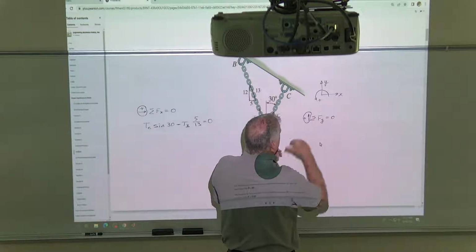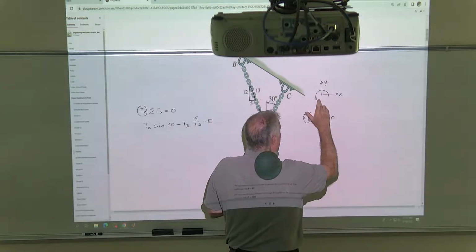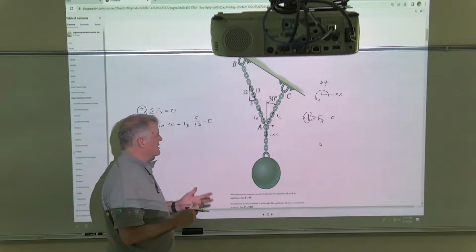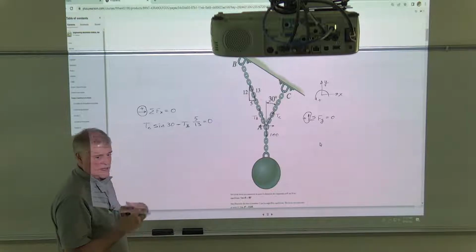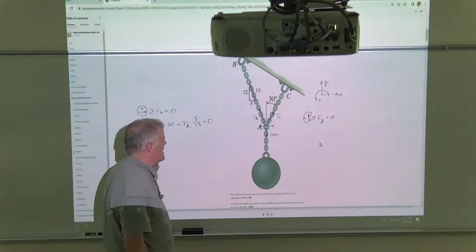And why? Because I like to keep myself in a right-handed coordinate system. However, you can pick it the other way. I just like to maintain something that'll carry me into the math a little bit more comfortably.